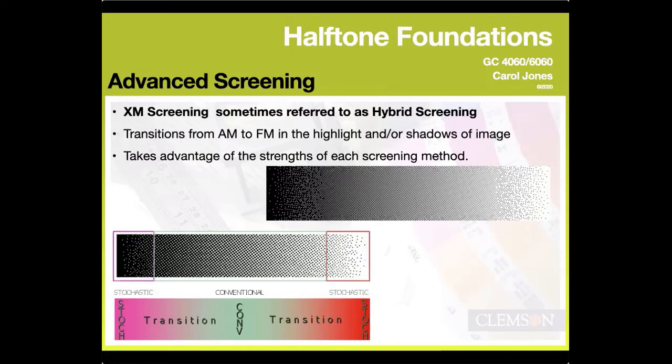We could have one image, say a process image, that had this XM screening applied to it and different dot angles and screen angles applied to it. Or we could have something else that was another LPI and AM screening. So we're not stuck with just doing one thing overall in the whole job. We could approach each different type of image a little bit differently to successfully create a really good quality flexo job. So we've come a long way since when I was a kid in graphics, that's for sure.